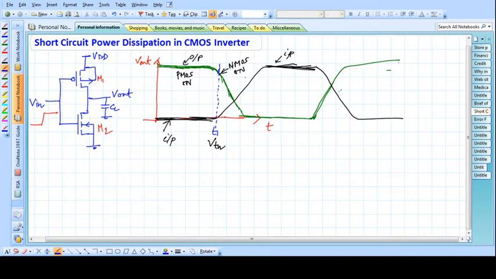Again after a certain time, say at time T2, at point VDD minus VTP, when the input is somehow here, the PMOS is also on.